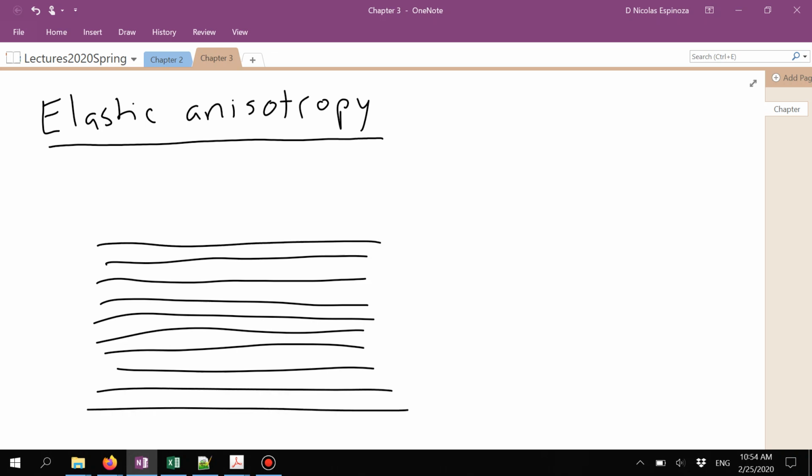So here I'm just making a schematic of a sedimentary basin. Usually I can draw this a lot better, but here now I'm drawing with a stylus, which is not very good.